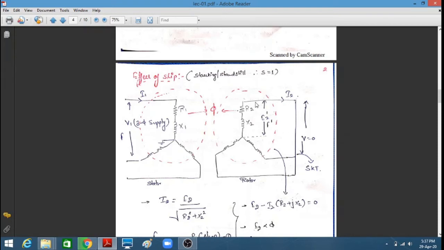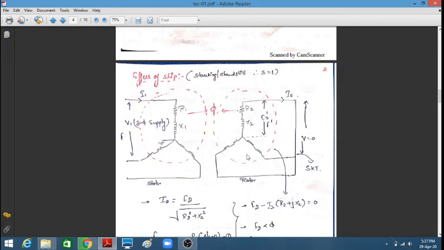The rotor conductors are also facing the RMF, so the conductor experiences a Lorentz force and tries to rotate. This is how the rotor starts moving. I have made the secondary terminals short circuit, V equal to 0.